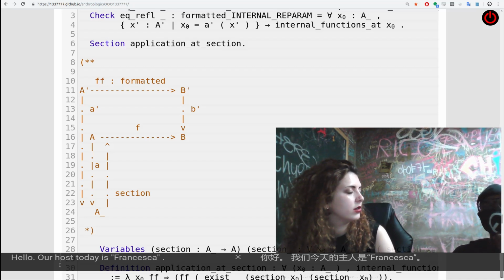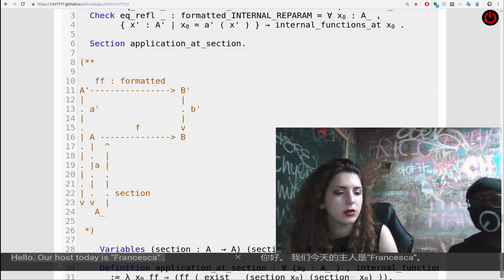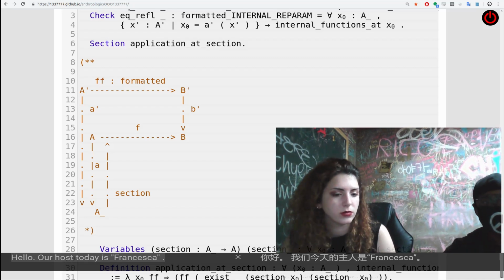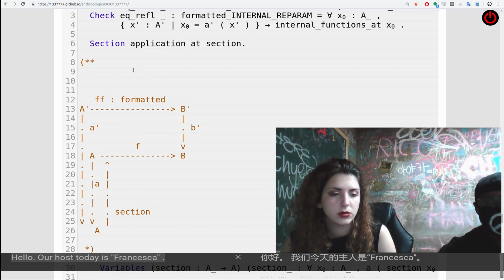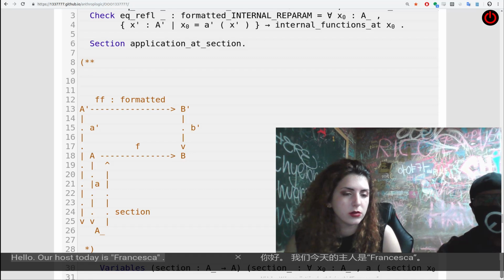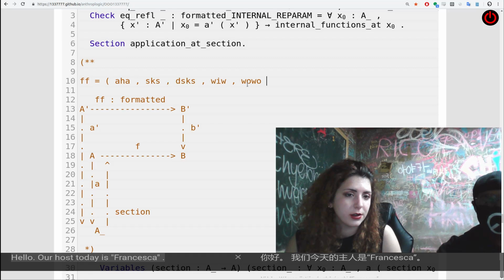But sometimes a function is just like a tuple, like this, with letters. Sometimes a function is just a collection of things.